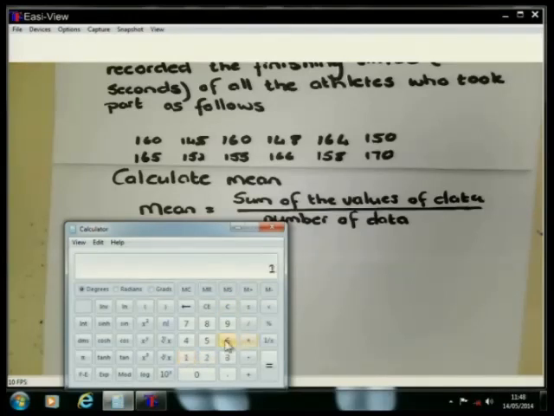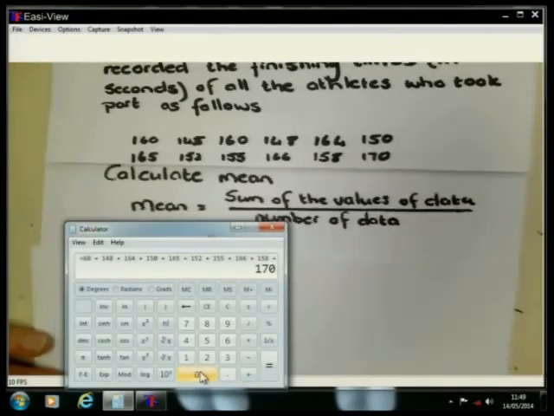I'm going to add the values 160 plus 145 plus 160 again plus 148 plus 164, 150, the second row, 165, 152, 155, 166, 1. There you are.